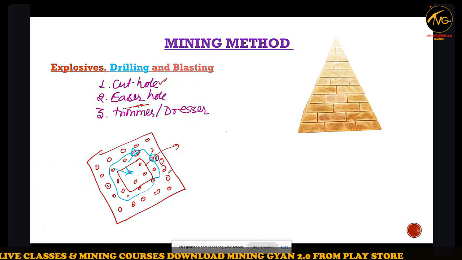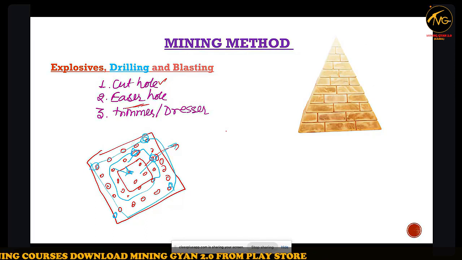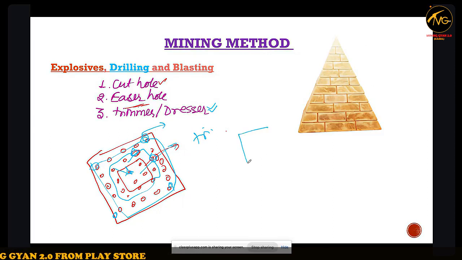Okay, what are the trimmers? These are the trimmers. Trimmers or dressers, what is the use of trimmers or dressers? To shape our face, if it is square or if it looks like this.